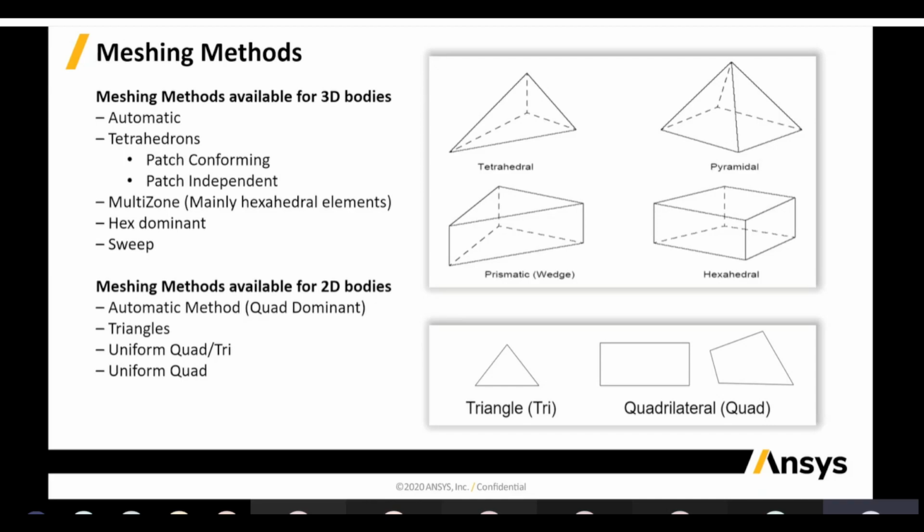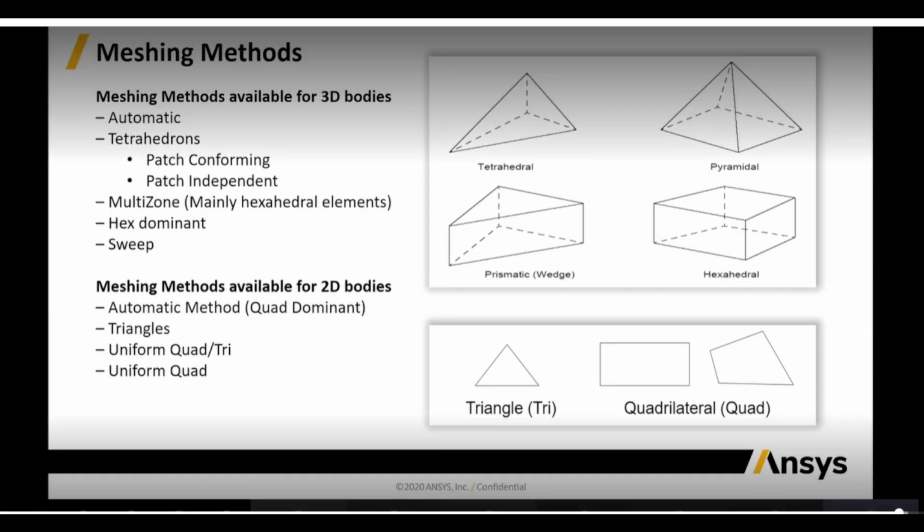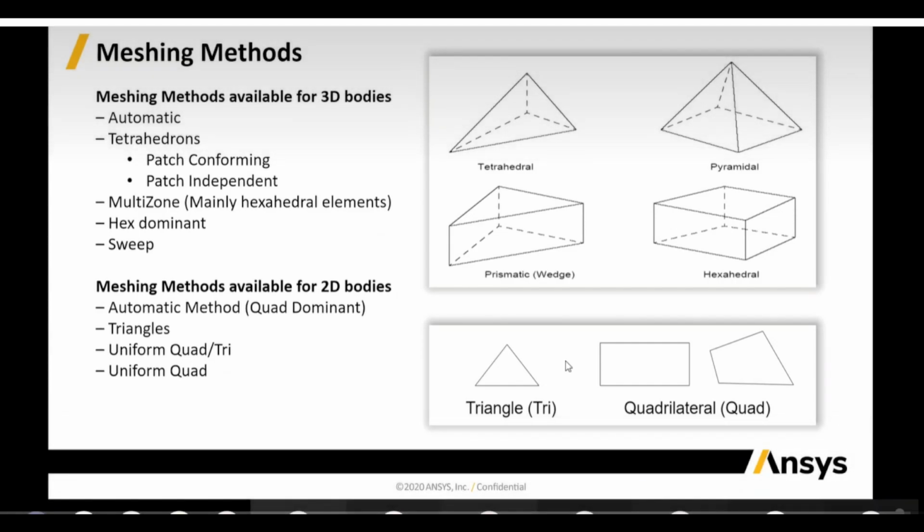First, coming up with the tet, you have patch conforming and patch independent. And for hex elements, you do have multi-zone and hex dominant and sweep. So for all these, you can work on mesh for 3D, and also you have an automated mesh which we have seen last time.